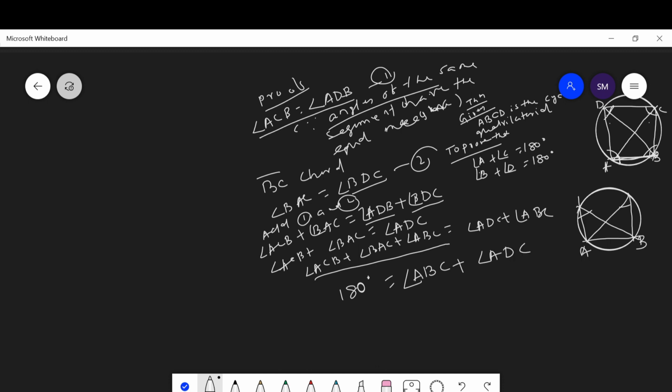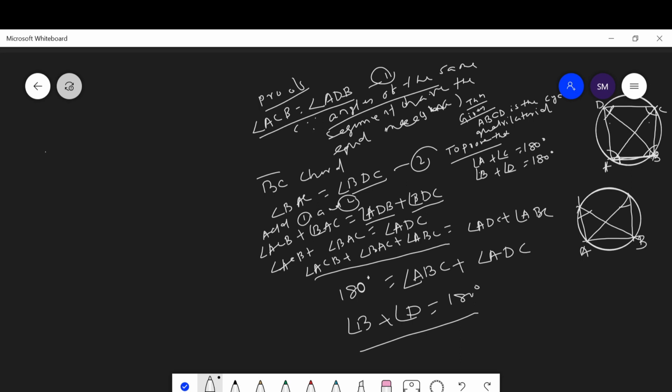Here angle ABC plus angle ADC, which is angle B plus angle D, is equal to 180 degrees. Angle B and D mean the sum of two opposite angles of a quadrilateral, so B plus D is equal to 180 degrees.